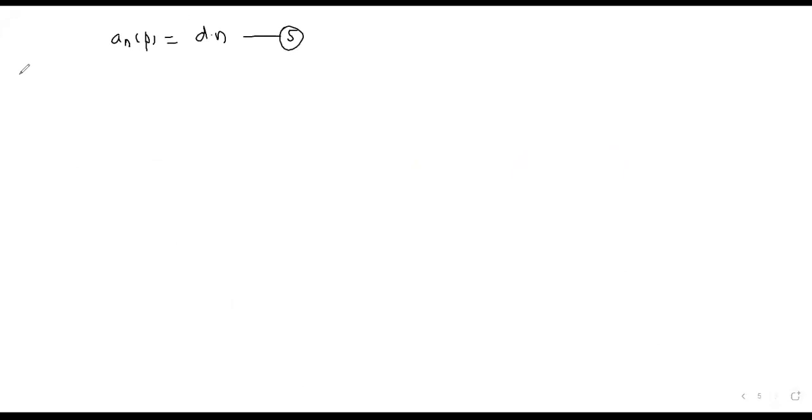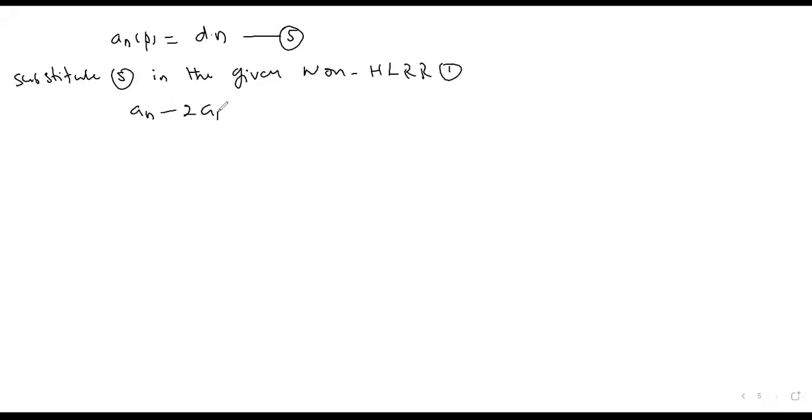Once again the same, substitute 5 in the given non-homogeneous linear recurrence relation 1. What is the non-homogeneous recurrence relation? An minus 2 into An minus 1 plus An minus 2 equals 2.